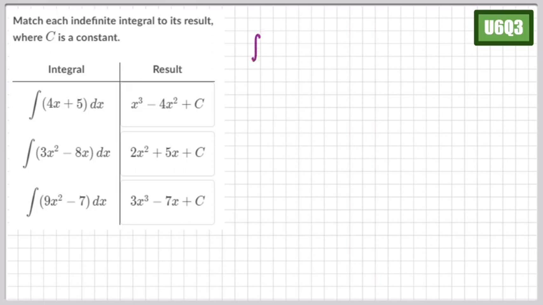So we're going to find the integral, the antiderivative, of 4x plus 5 with respect to x. For the 4x to the 1, it has a 1 power. I'm going to add 1 to that, and then divide by 2.